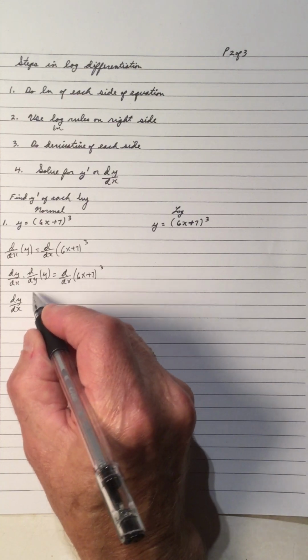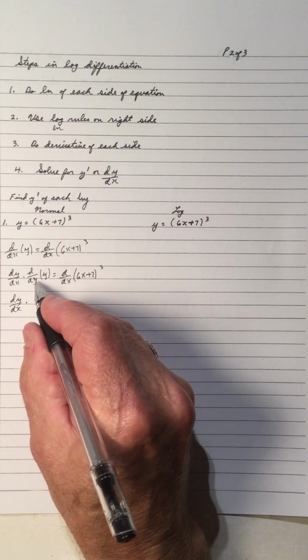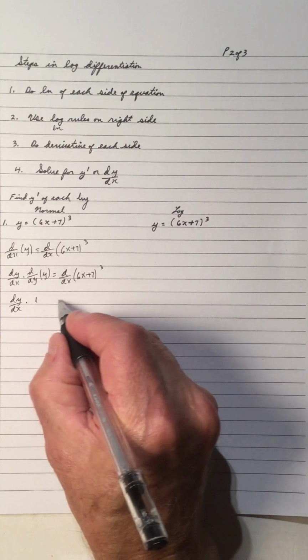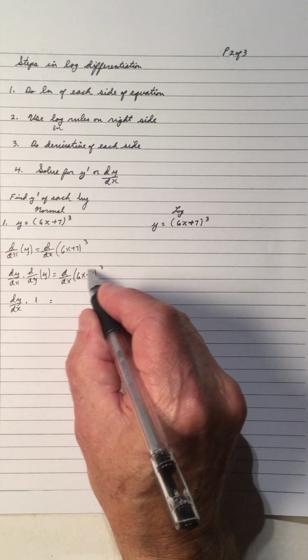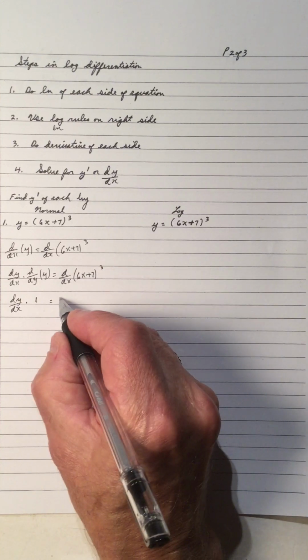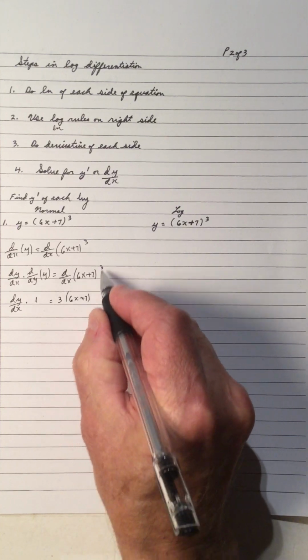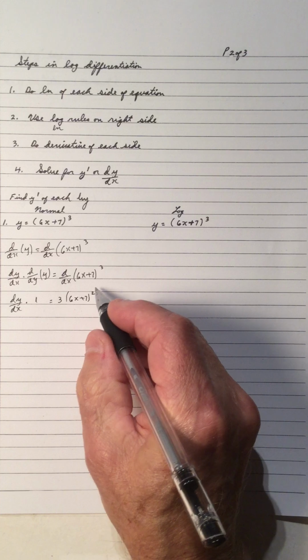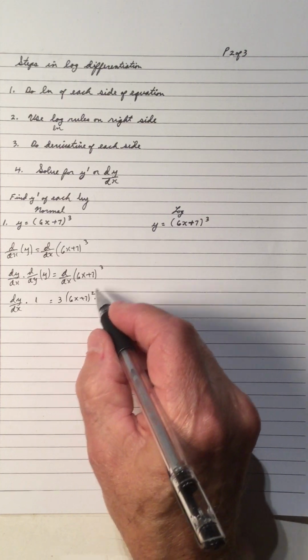The derivative of y in terms of y is like d/dx of x. Pretend that's an x and that's an x. The derivative would be 1. Now we have a derivative here, this is d/dx on this x. We have the power rule, so the 3 goes in front. Decrease the 3 by 1. And we also have the chain rule. This is the inside function.